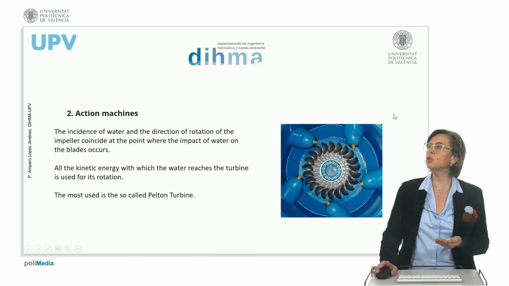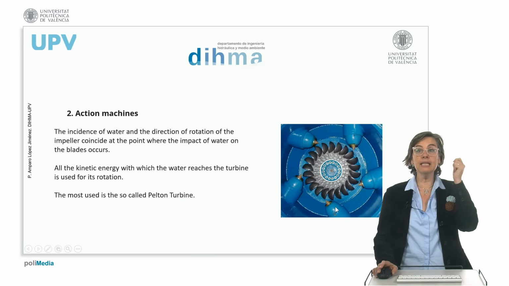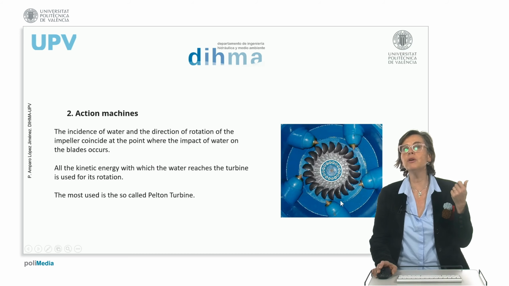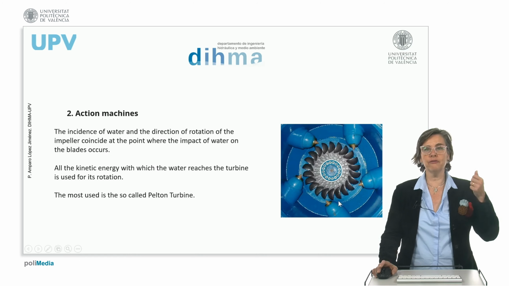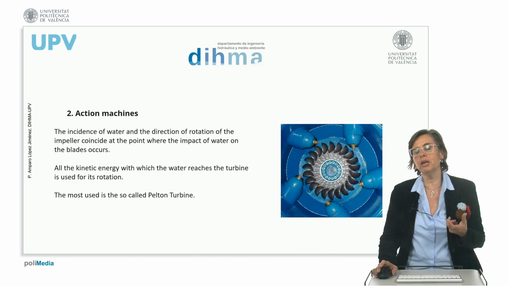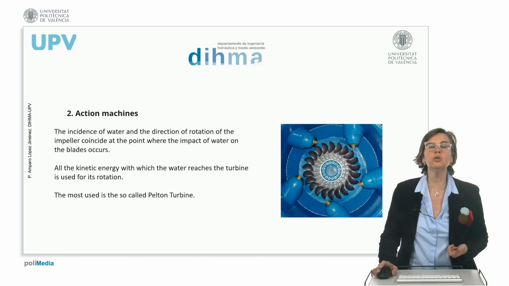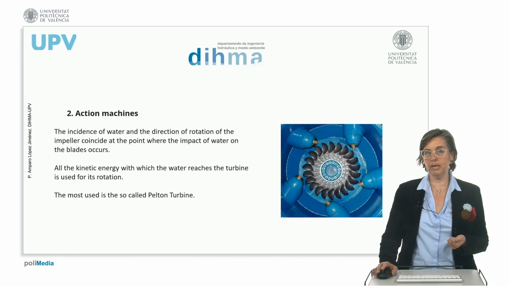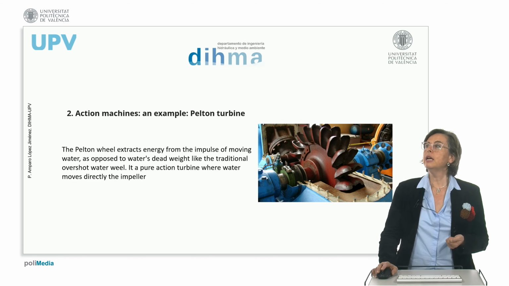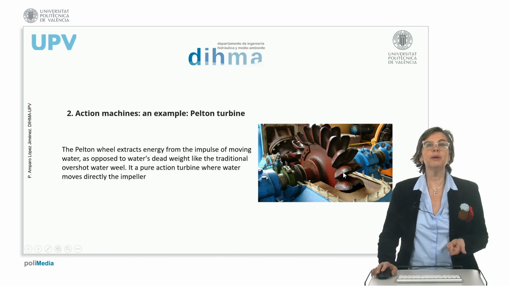The most used machine following this principle is what we call the Pelton turbine, which is a very strong, very capable machine to produce a lot of energy due to kinetic transformation. In this case, we see a real Pelton turbine.